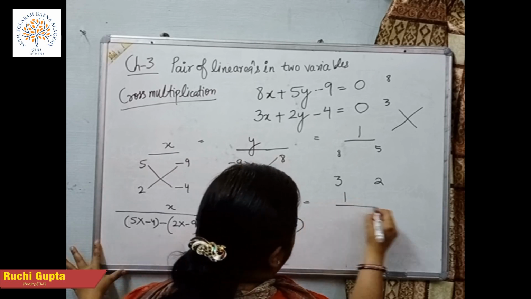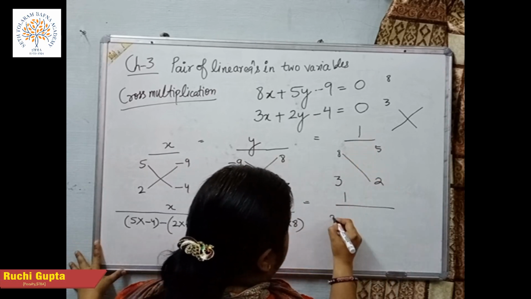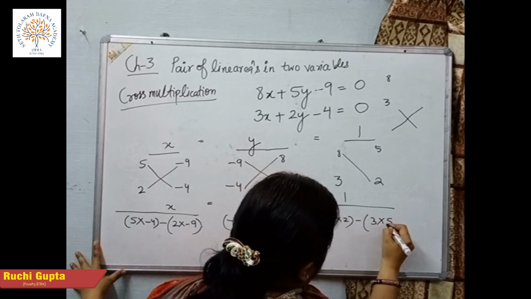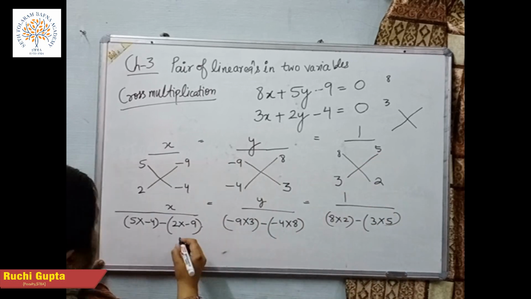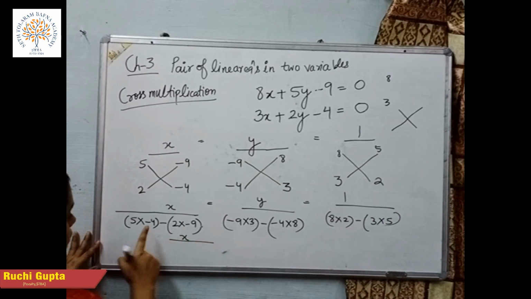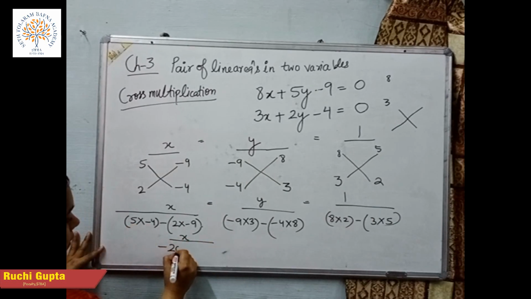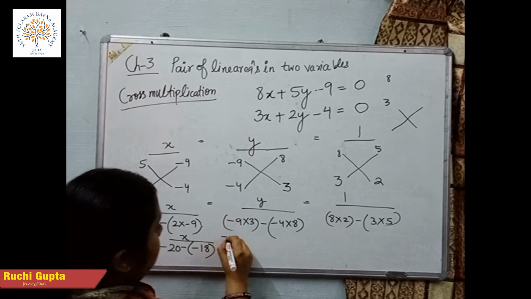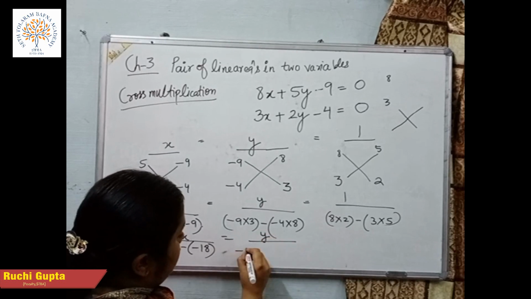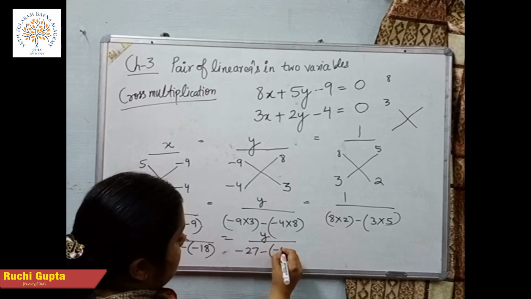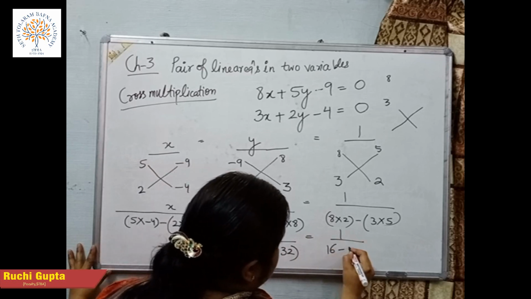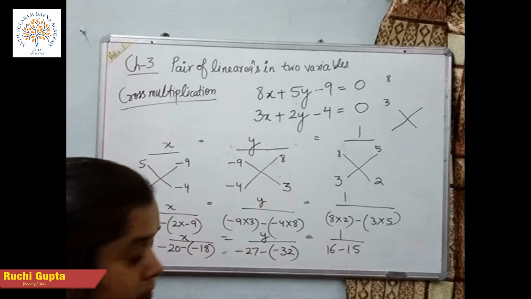And same with the coefficient 1. 8 into 2 minus 3 into 5. Okay. So it is x upon 5 fours are 20, minus 20. 2 nines are 18, minus 18. Here minus 9 into 3 is minus 27 and it is minus 32. It is 8 twos are 16 and 3 fives are 15.